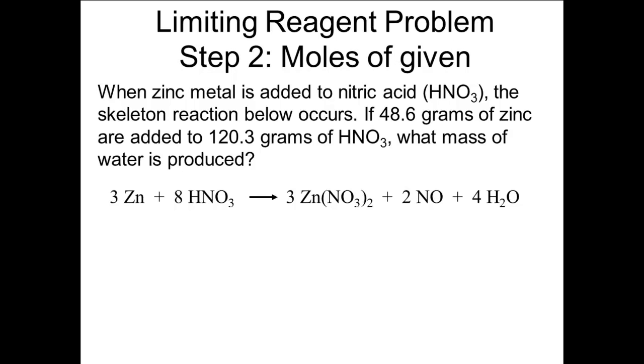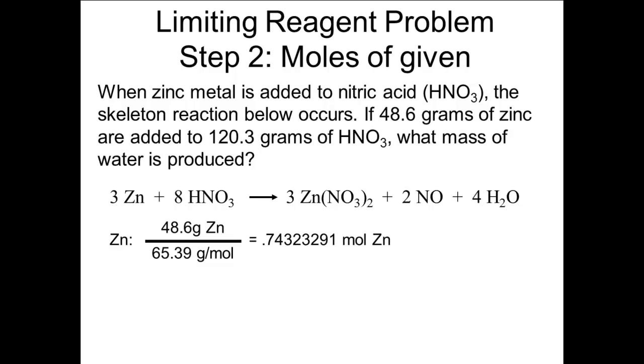The second step is to find the moles of the given. We have two givens, however, so let's find the moles of both and see where it leads. For zinc, we divide the mass of zinc by the molar mass of zinc. 48.6 grams of zinc divided by 65.39 grams per mole gives 0.74323291 moles of zinc.